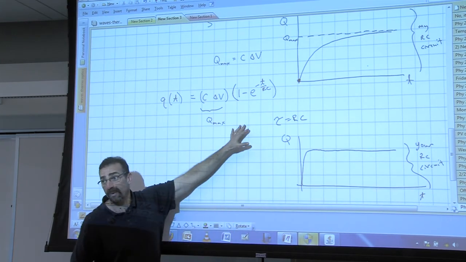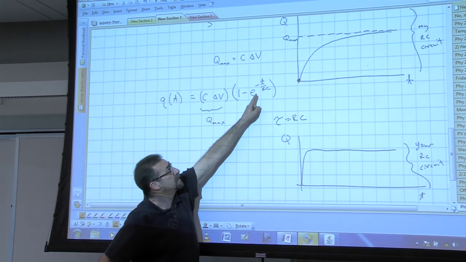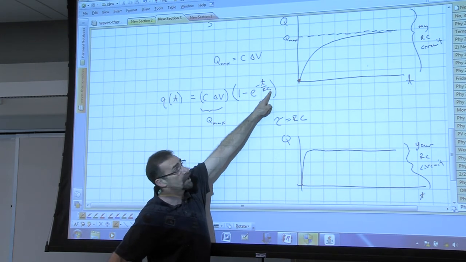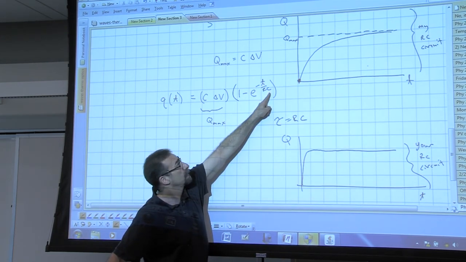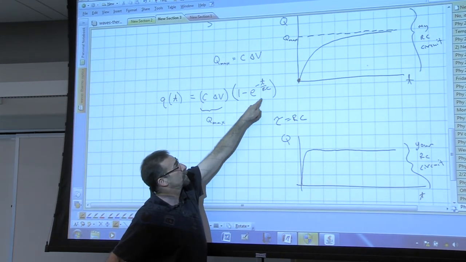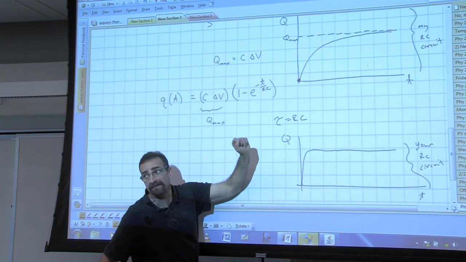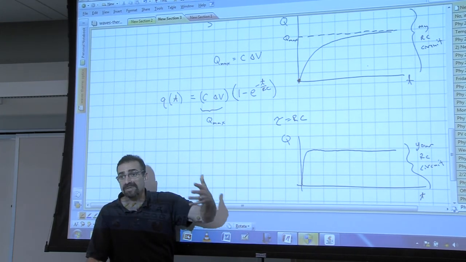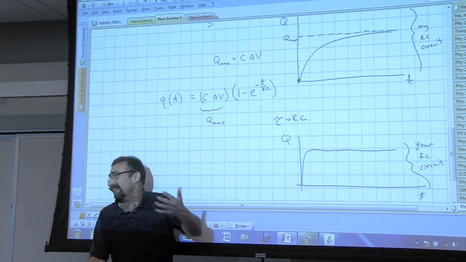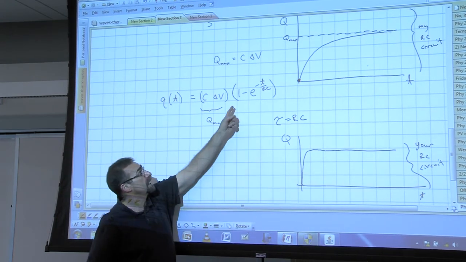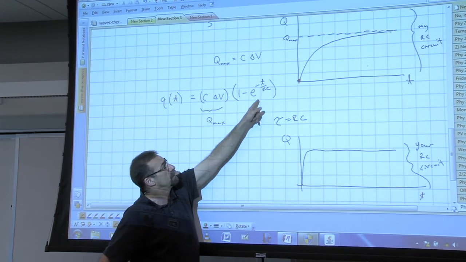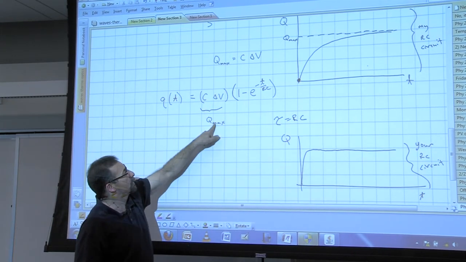So we look at the equation, and we say when t is equal to R times C, this works out very nicely, e to the minus 1. So let's use that. Instead of saying the halfway point, let's say 1 minus e to the minus 1 times our maximum value.